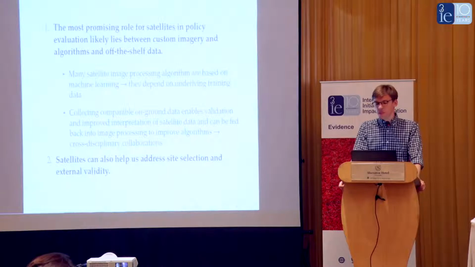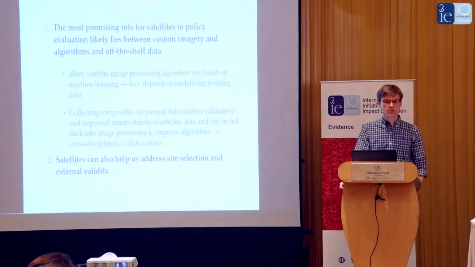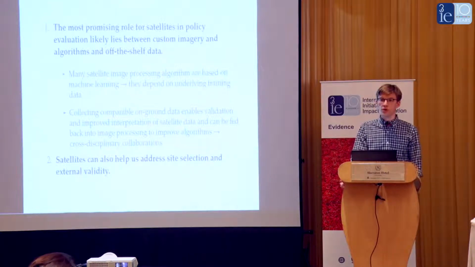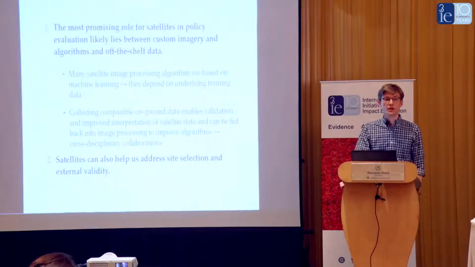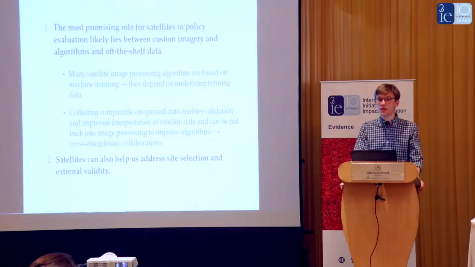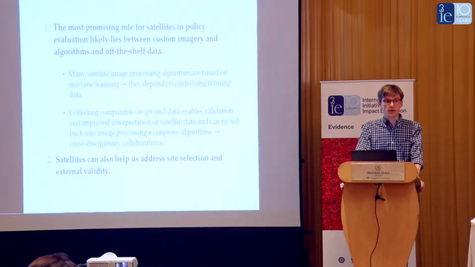And I think that this is a really important area for cross-disciplinary collaboration, because many of the satellite image processing algorithms that I mentioned before for air quality and for forest cover and for urbanization and so on are based on machine learning techniques that do rely on some underlying training data, which is from on-ground measurement.